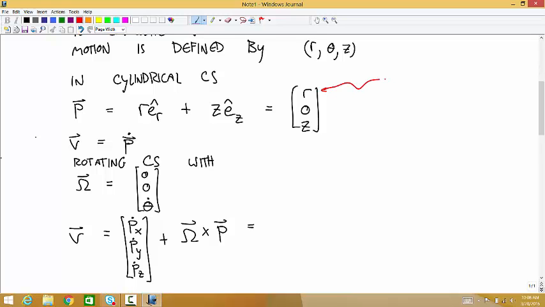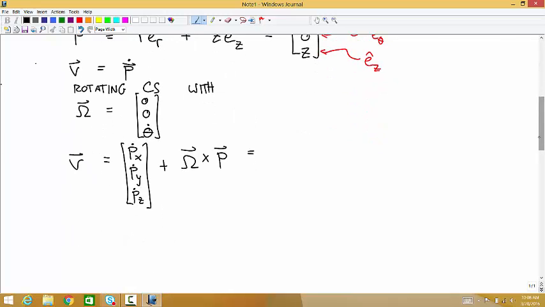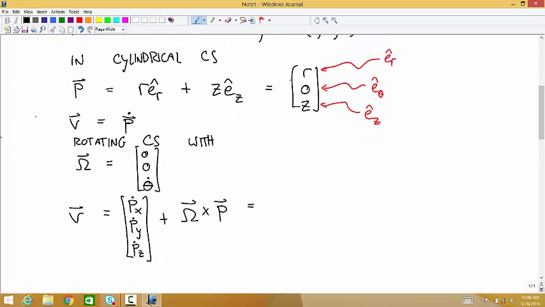This first one we'll call the ER axis, E theta axis, and EZ axis. Okay, so what are the components dotted? If these are the components of the position, then dot each one of these components, and you get R dot, 0, Z dot.